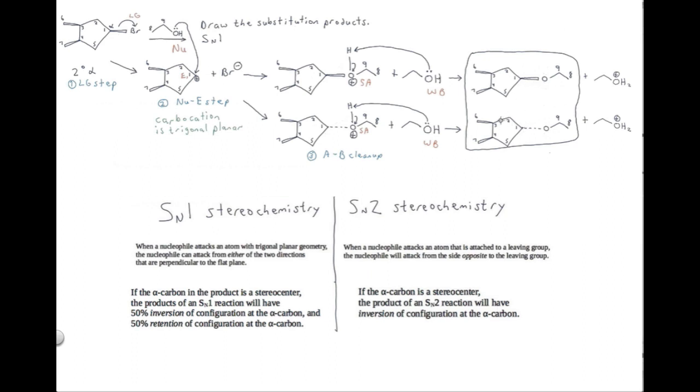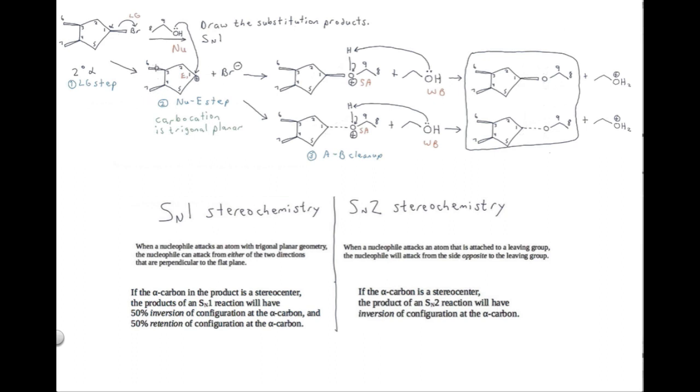By the way, on a problem like this, the distribution of the products might not be 50-50. There might not be 50-50 because it might be harder for this nucleophile to attack from in front of the page because it might be partially blocked by these two methyl groups that are both pointing in front of the page.